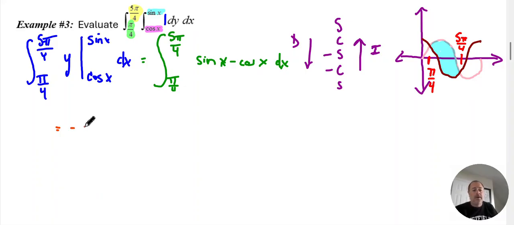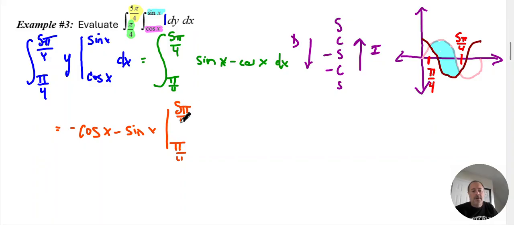So we're going to write negative cosine of x. And then when we're integrating negative cosine, we go back up, because we're integrating, and we get negative sine. And then we're going to evaluate this from pi over 4 to 5 pi over 4.